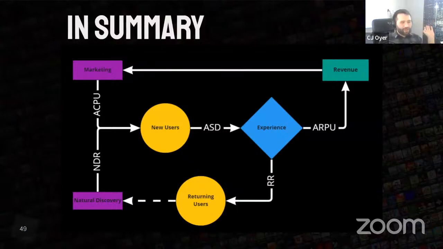Like in the bigger model, it does express this a bit more, but in the simplified version, where NDR and ACPU meet, there would basically be a click to play rate, or like the people looking at the game's thumbnail, and if the game's more attractive and has higher ratings and is considered better, they're going to be more likely to join.